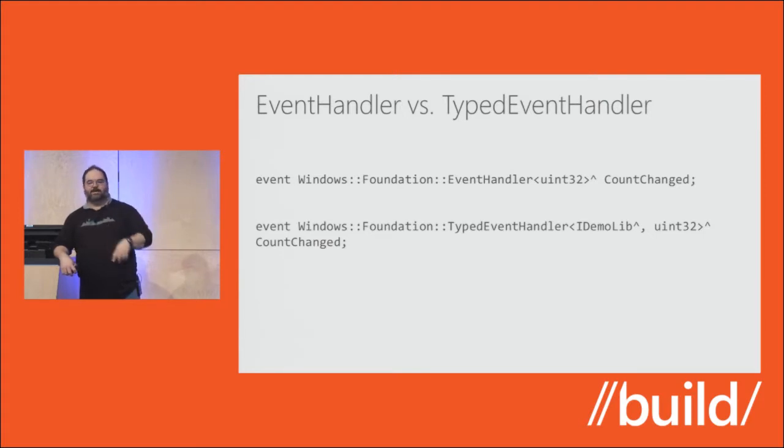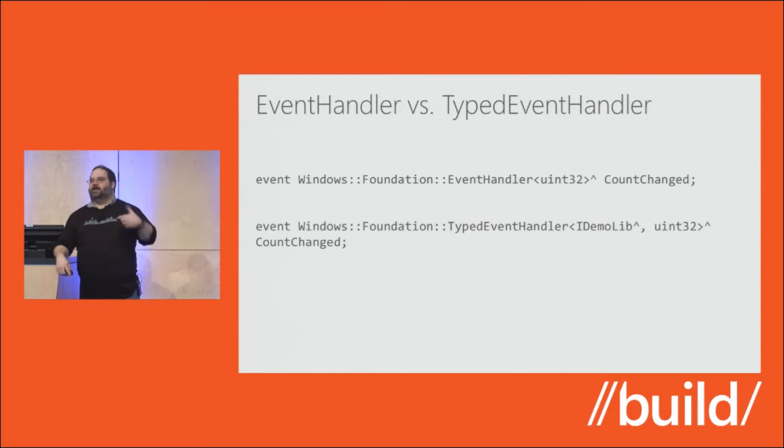But when you're throwing in your own custom interface in the typed event handler, like iDemoLib, whatever your component was, and you're the sender for the event arg, you wrote that. There's not a proxy stub already produced by somebody else for you, so you'll have to write your own. But it's exactly this typed event handler that most people run into this very odd crash.